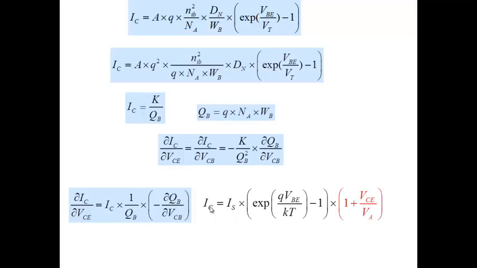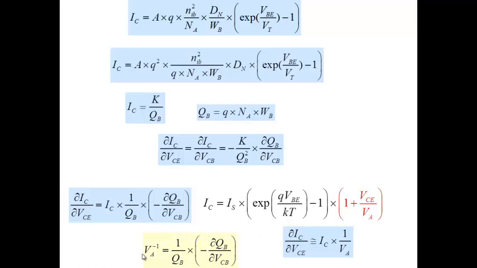Now we know from this expression that del IC by del VCE should be equal to, according to this model, IC by VA. And therefore, we can relate these two together and get VA: 1 over VA is 1 over QB minus del QB by del VCB. So if we can find this QB, we already know QB is QNAWB.